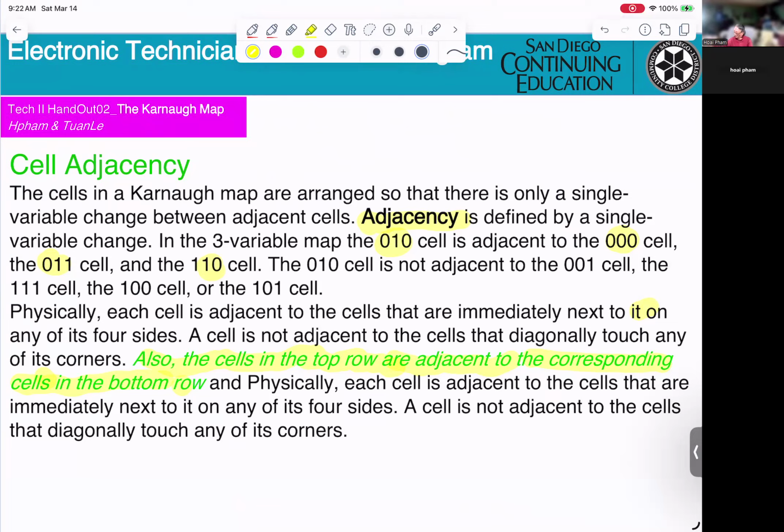A cell is not adjacent to the cells that diagonally touch any of its corners. Also, the cell in the top row is adjacent to the corresponding cell in the bottom row.